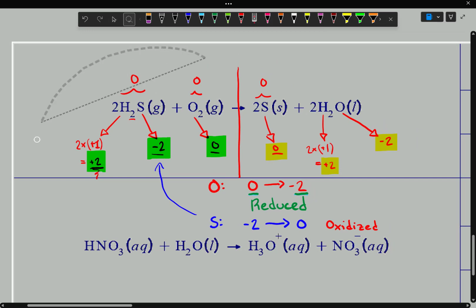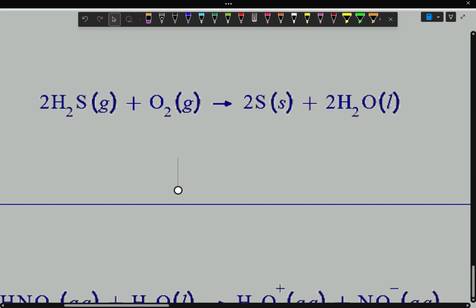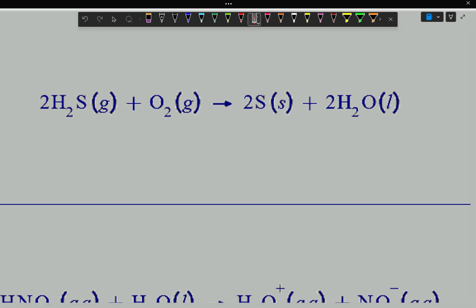So let's rewrite this really quick for simplicity. We don't care about hydrogen because hydrogen doesn't have a change in state.